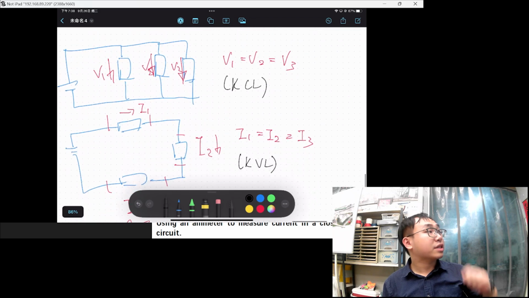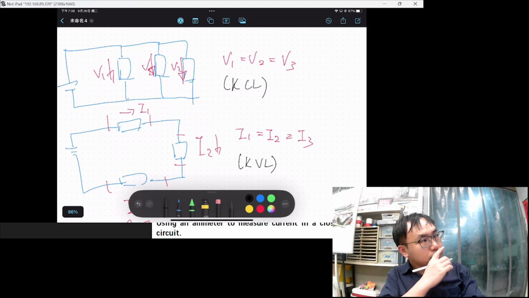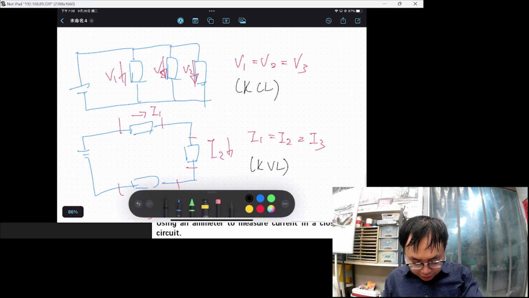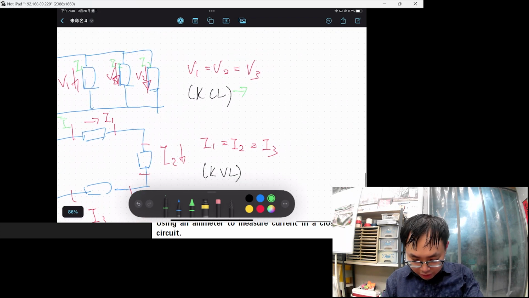And this is KVL, this is KCL. So the KCL mentioned that I1 plus I2 plus I3 equals the total current.